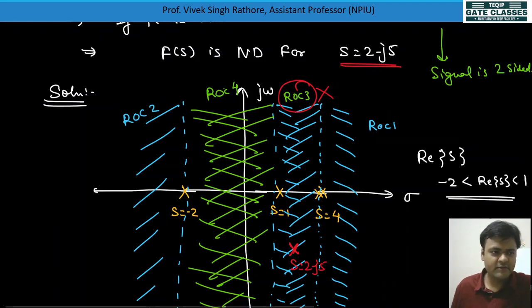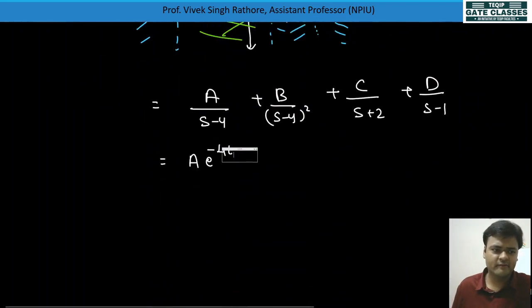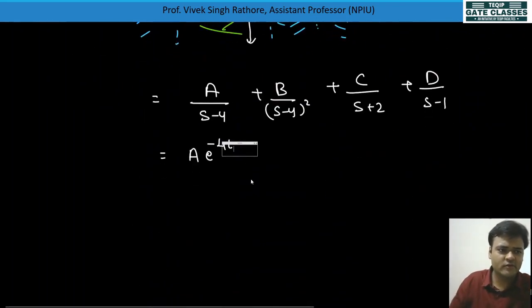If right hand sided, then again some more ROC will happen. It will make it complicated. So it is better to understand that if it is left hand sided for s equal to 4, and for s equal to 1 also left hand sided, we'll take only s equal to 1 because it is the smallest pole, and that will be the better choice. So we'll take e to the power minus 4t.